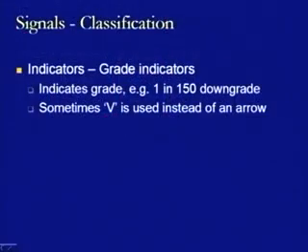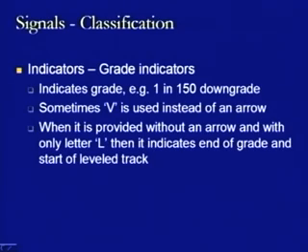So, for 1 in n, we have taken an example value of 1 in 150, and if it is a downgrade, then we show that the train is now moving on a 1 in 150 grade which is going down. Similarly, it may be the upward condition, and sometimes we use V instead of an arrow to define whether it is a downgrade or an upgrade.